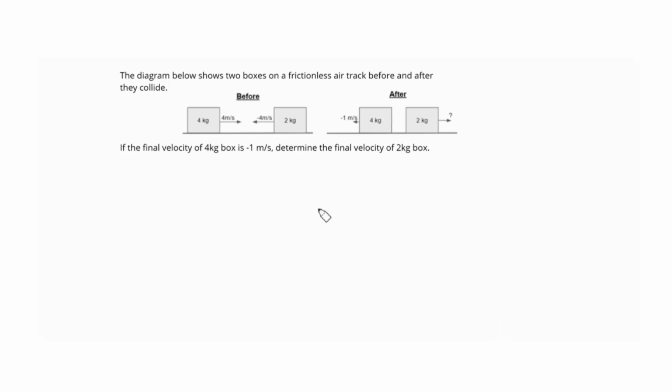Next case, we have two objects here, and they are both going towards each other. They tell you the final velocity of the 4 kg box is negative 1 meters per second. That means he's going back, and we want to know what is the final velocity of the second object. Again, we start off with the initial momentum must equal the final momentum.